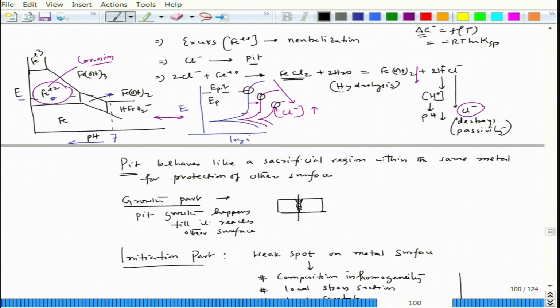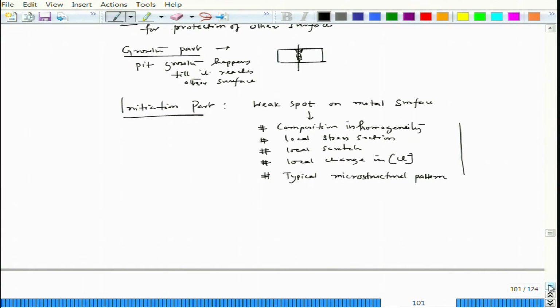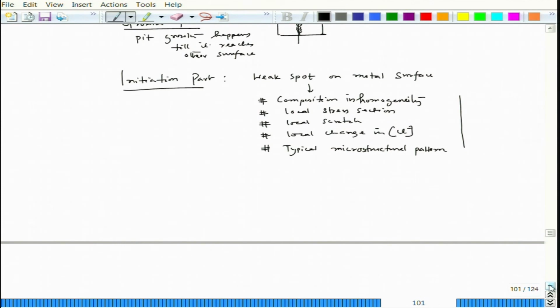Now, the question is whether that is the potential we have to worry about, or we have to find out some other potential where the pitting will not happen if we do not reach that potential.